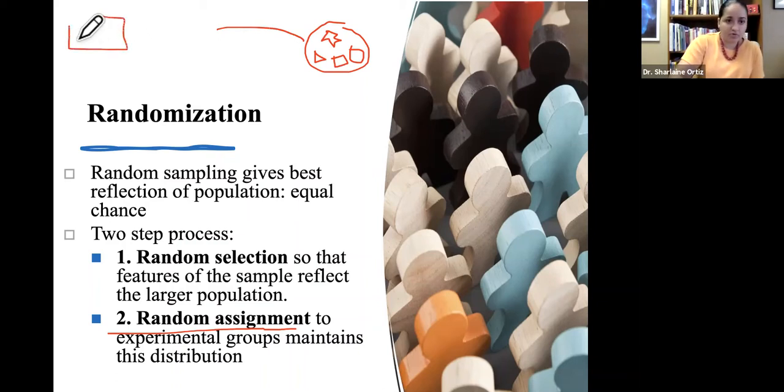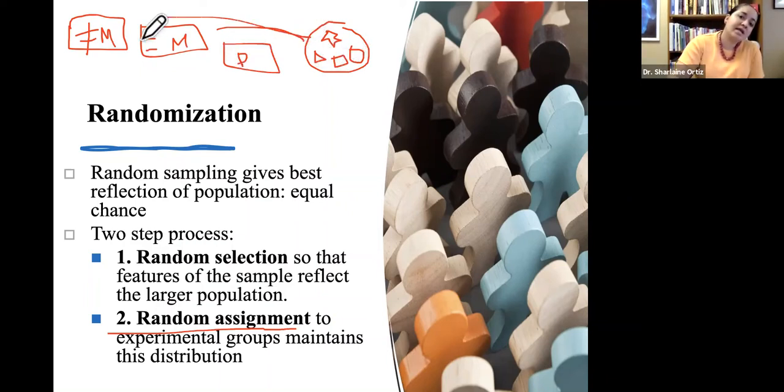So for example, in keeping with our first example, the group that had no medication, the group that received medication, and perhaps a group who received a placebo, right? I want to make sure that all of these participants had a random assignment to each of these groups.